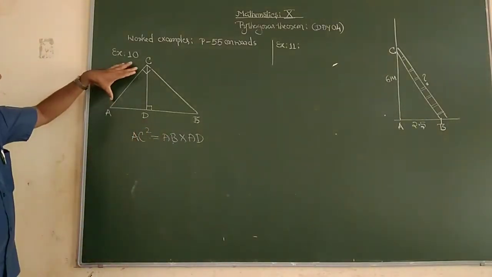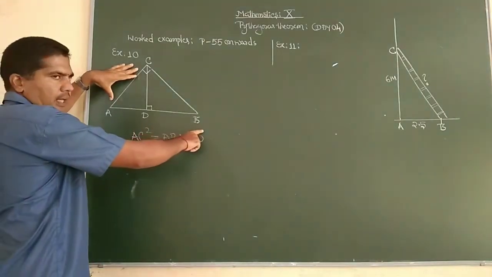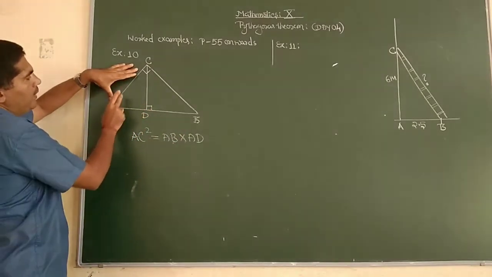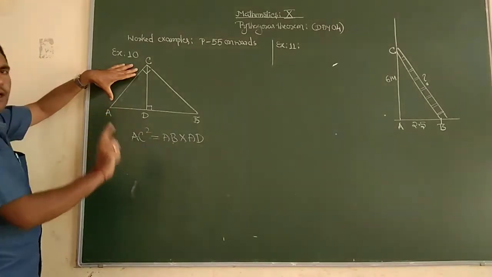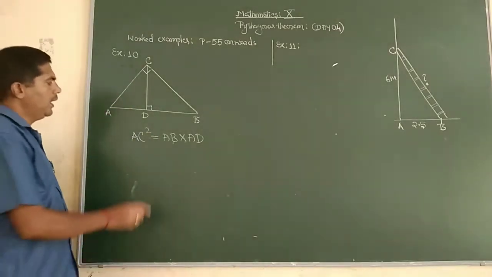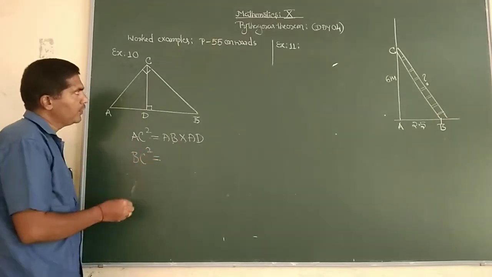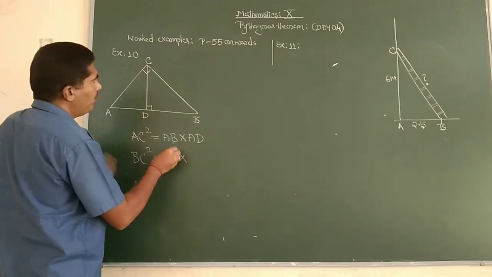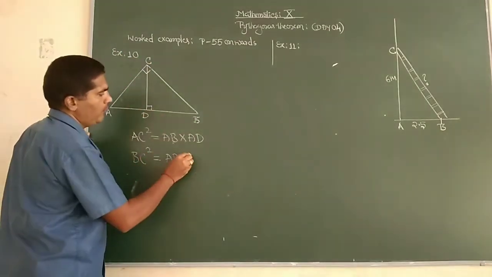AC square equal to the hypotenuse completely and the part connected to AC. AC touches AD, part of the hypotenuse. Then BC square can be written as hypotenuse AB into the part of the hypotenuse connected to B, that is BD.